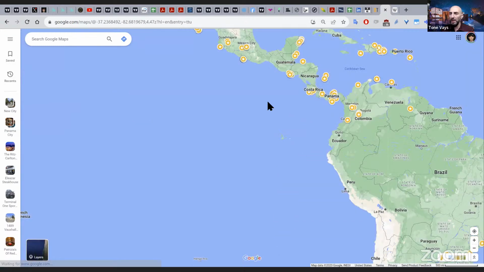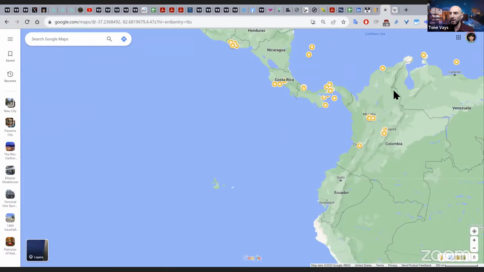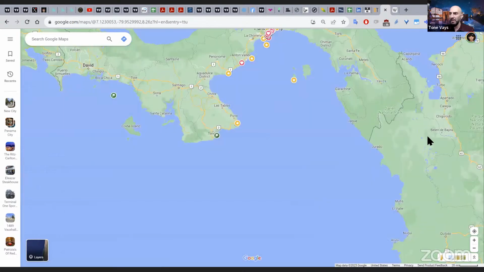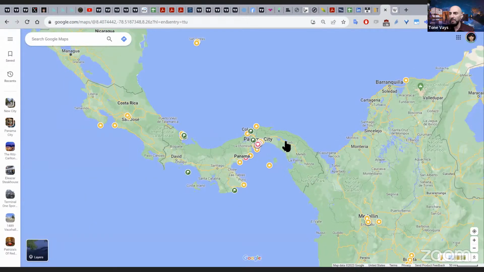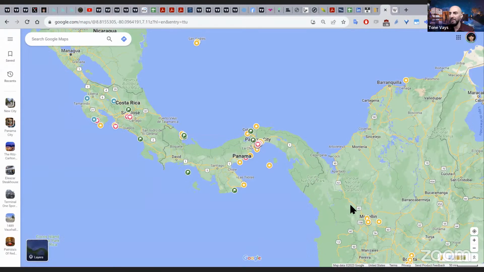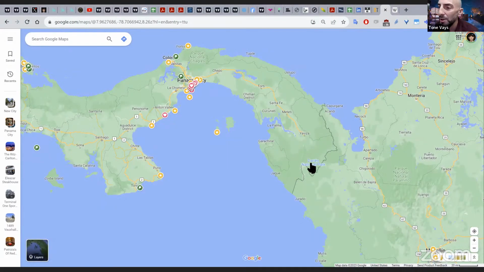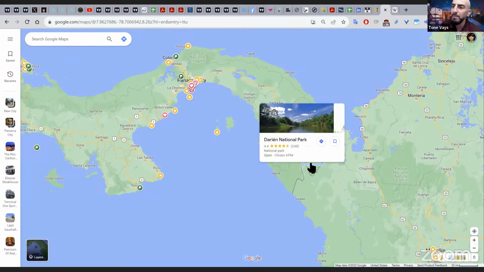The road breaks in Panama right here. And not having a road is probably one of the only reasons why Panama became a country, because it used to be Colombia. But Colombia was not able to protect its land because it was very difficult. Again, geography matters. Geography matters. The Darien Park right here, Darien Gap.